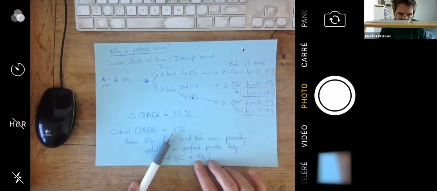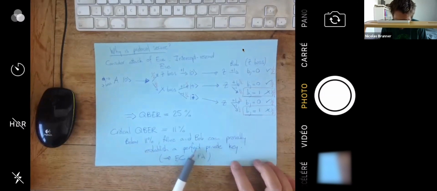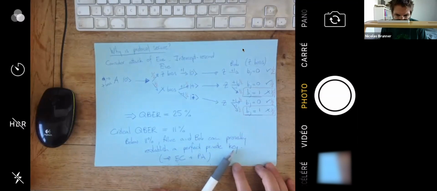You can prove mathematically that below 11%, there is a way for Alice and Bob to establish a perfect private key. That means that no matter what Eve does, limited by quantum mechanics of course, she cannot get the key in the end. The best she can do is to try to guess it.